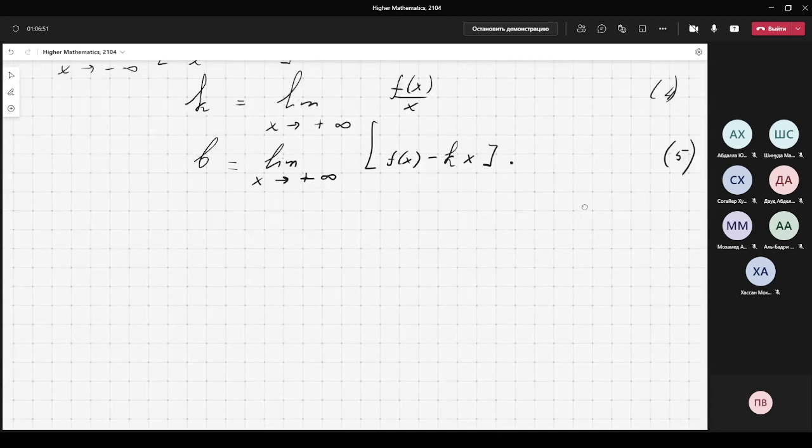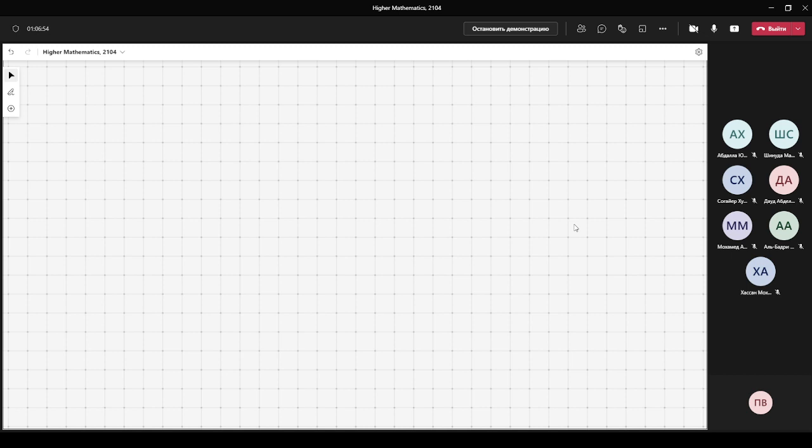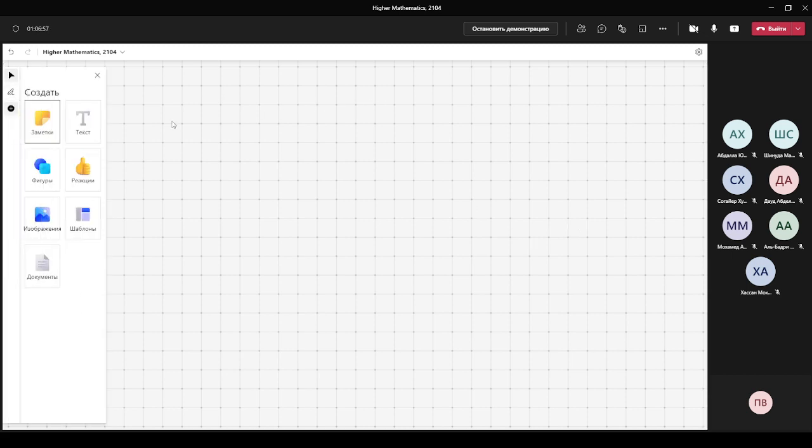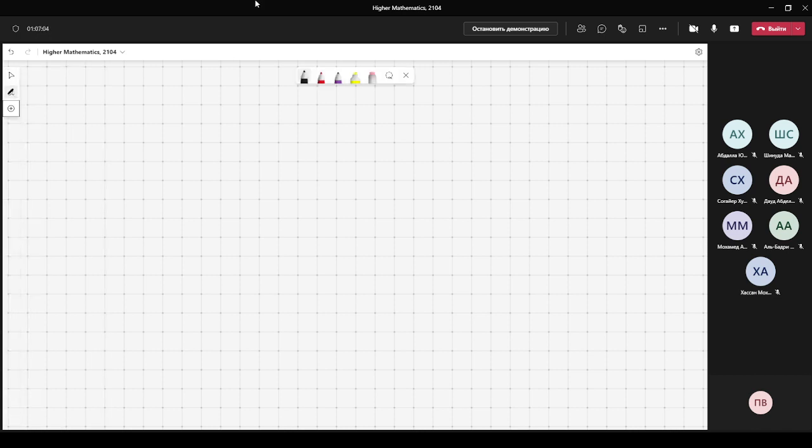Consider example 4. Find the asymptotes of the curve y is x squared plus 2x minus 1 over x.